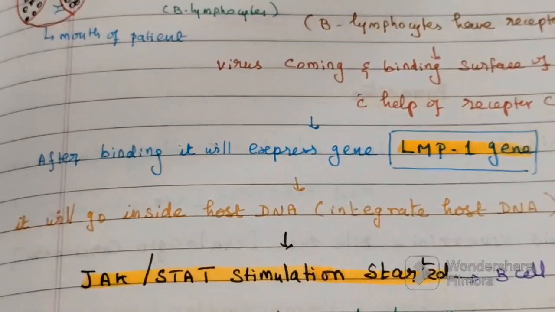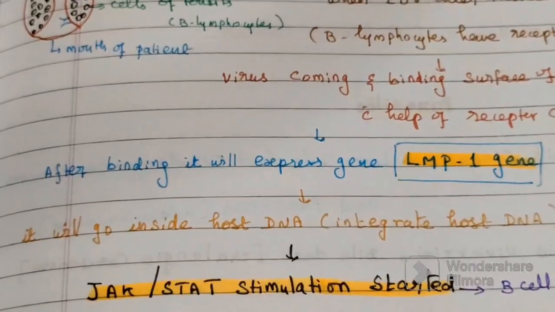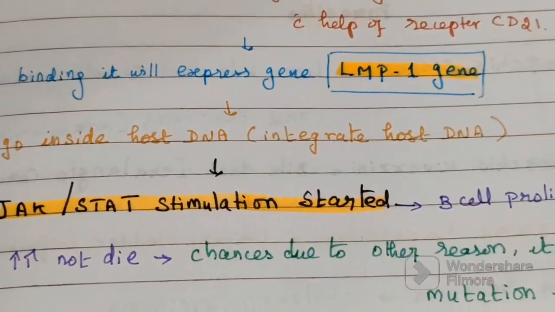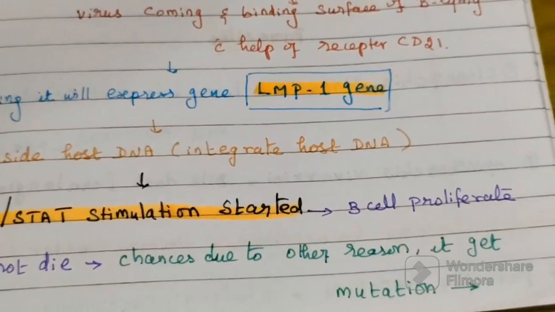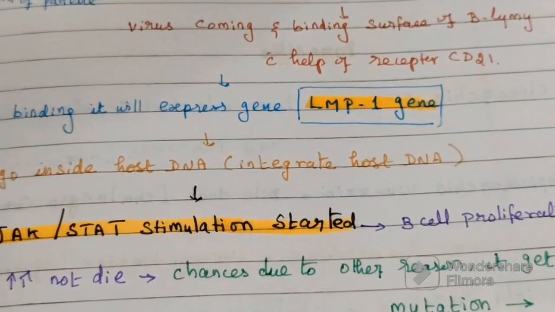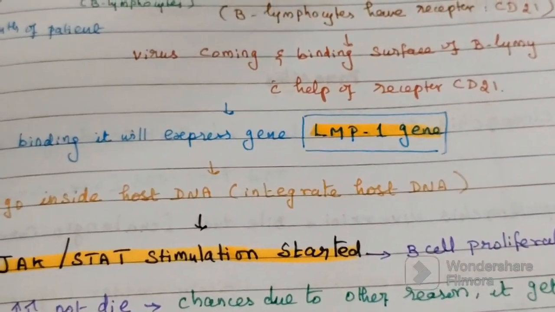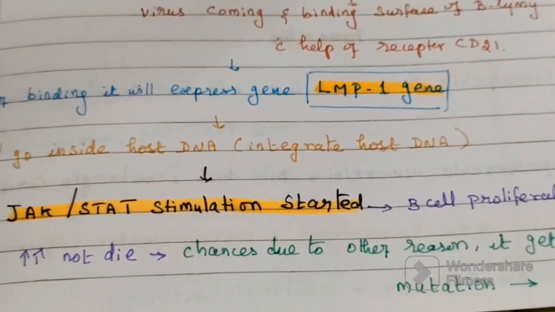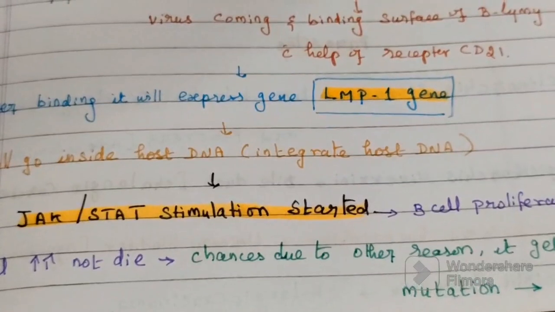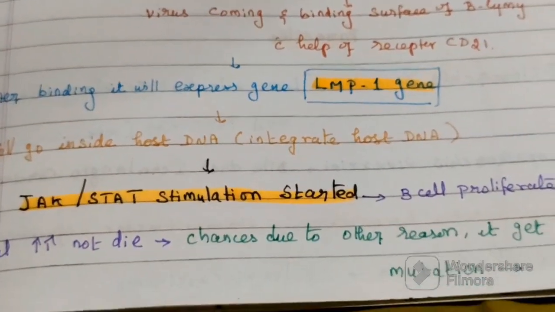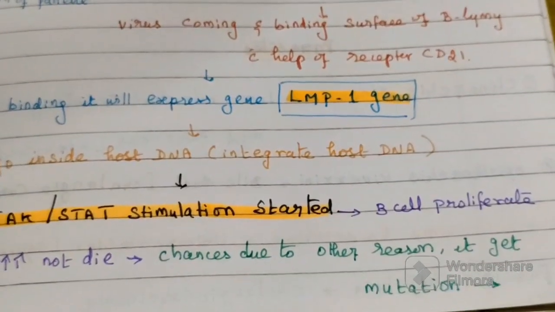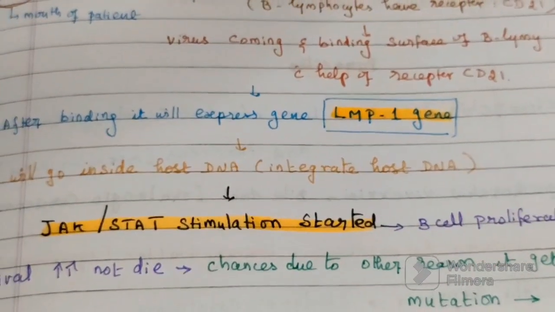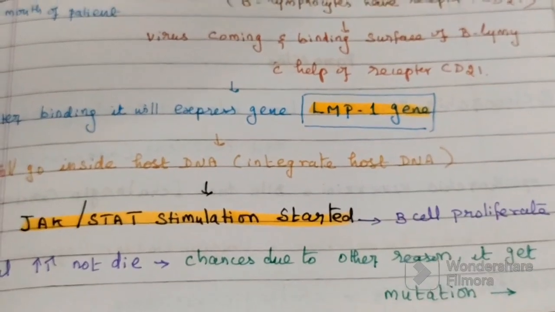Because of this integration, JAK-STAT stimulation starts and B cells proliferate and proliferate. So their survival increases. They do not die, but this alone does not lead to cancer. There are changes due to other reasons. It gets a mutation. Which mutation?